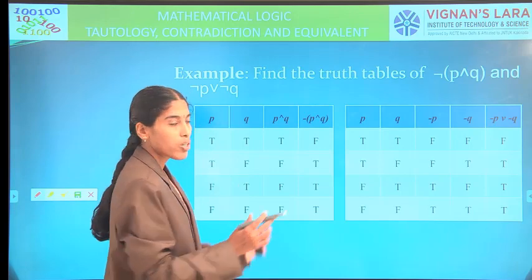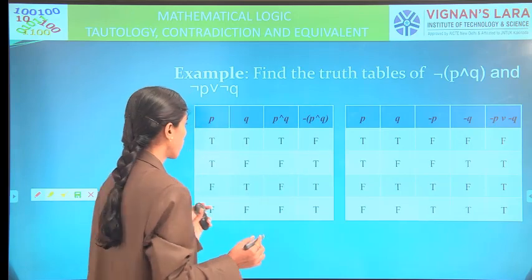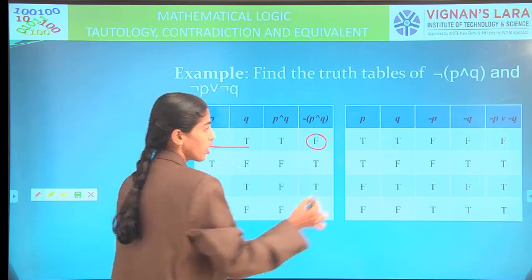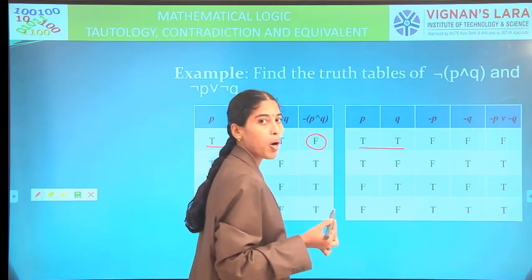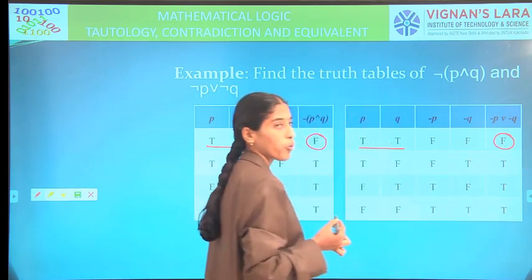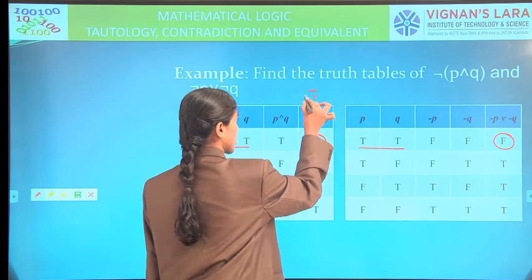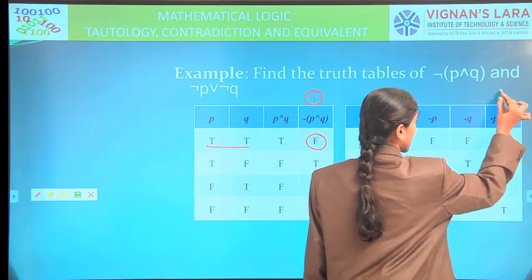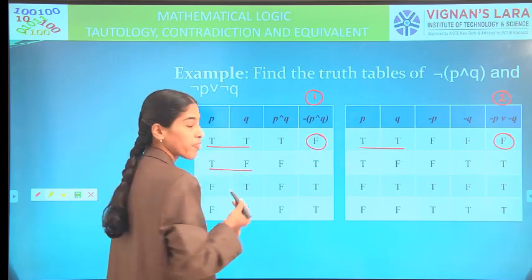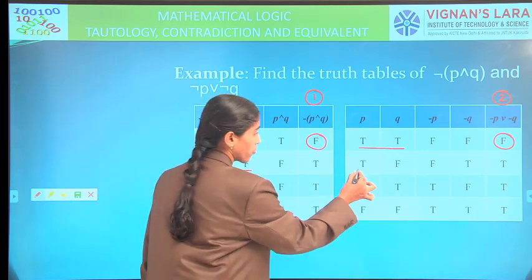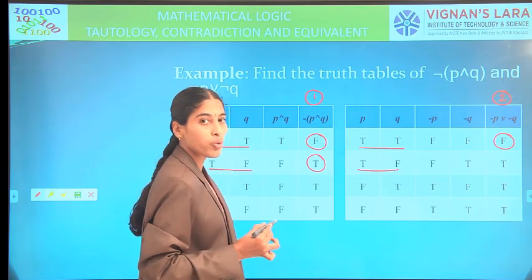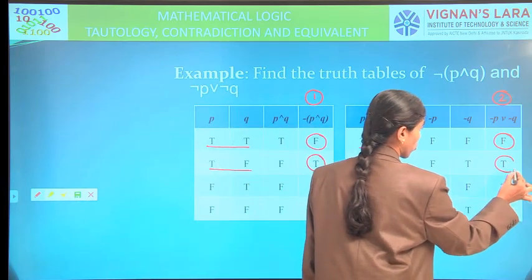If we observe both the truth tables, for T and T the final value is F here. Here also, for the same combination of T and T, the final value of the second proposition is F. This is the first proposition, this is the second proposition. For the combination of T and F, the resultant truth value is true, here also true.